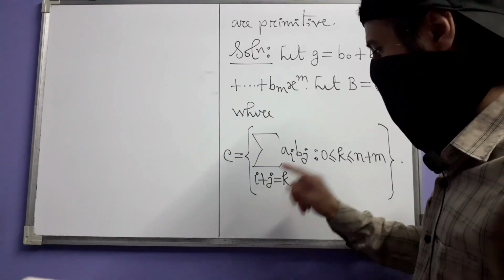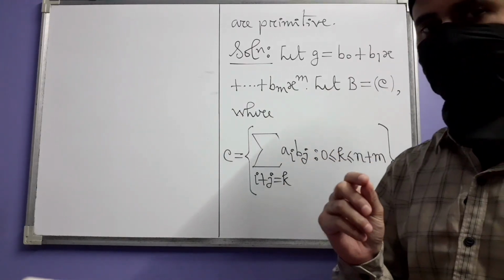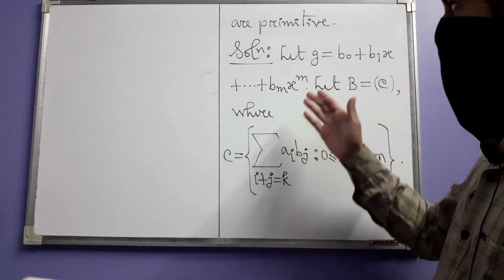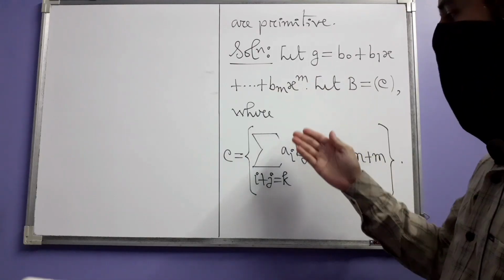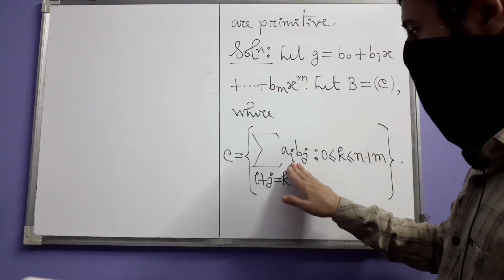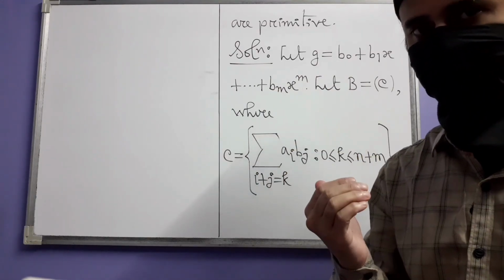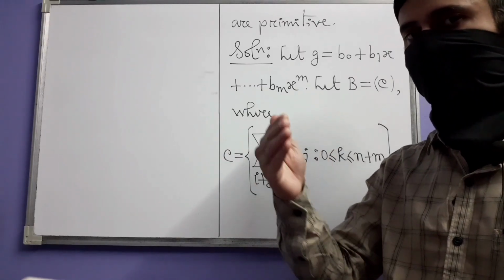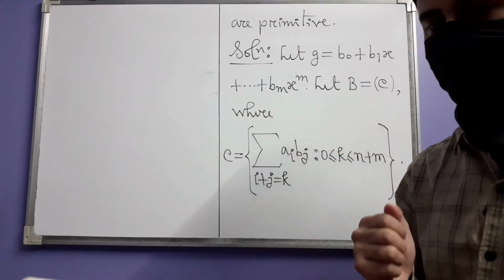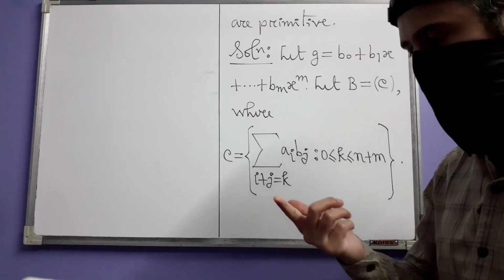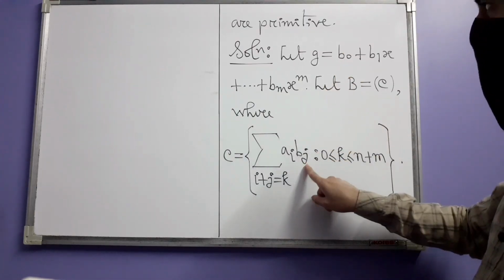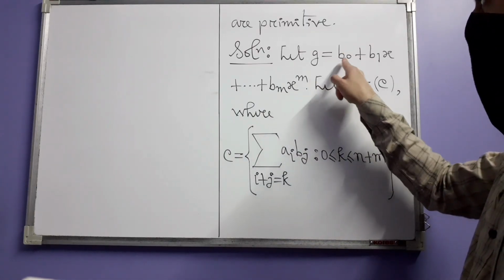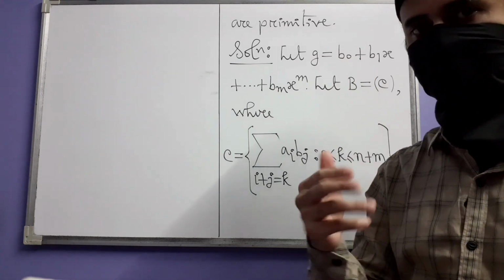And what are i and j? i and j are the suffixes that you can vary. You will vary i from 0 to n, because the coefficients of the polynomial f are a0, a1, a2 up to an. So i goes from 0 to n. Just like that, j goes from 0 to m, because the coefficients of g are these bj's.